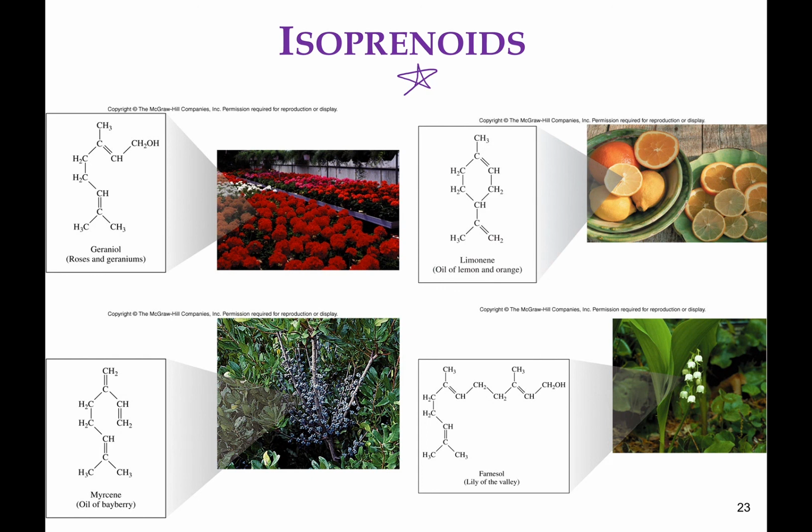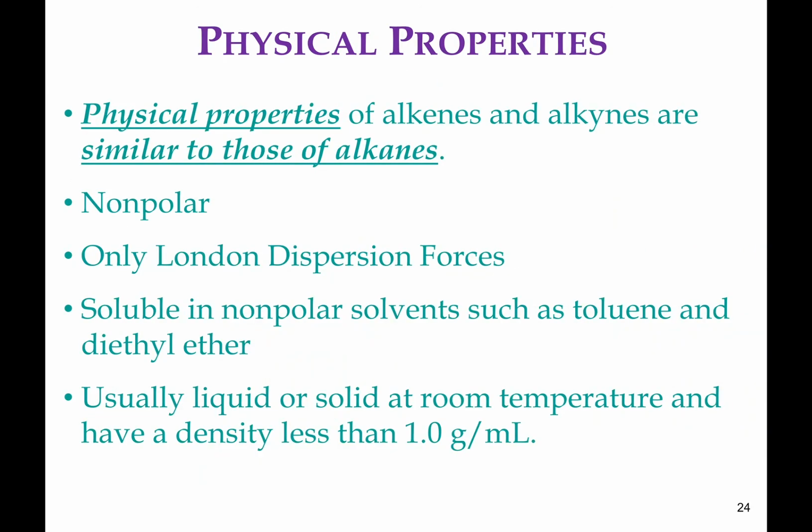But one of the most common naturally familiar sources is rubber. Rubber is a polyisoprene, so that might be something that you're familiar with. Alkyne uses: we're going to talk about alkene properties, which are very similar to alkanes, but alkynes also have many uses, mostly in fuel sources, like fuels for welding torches, organic solvents, and starting materials that are used to make things.